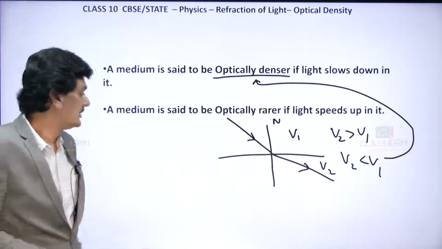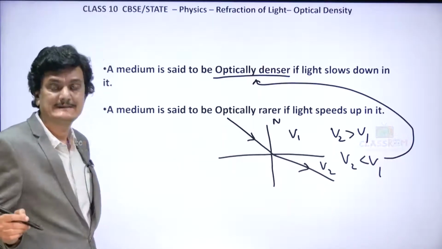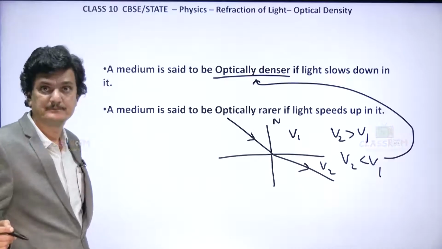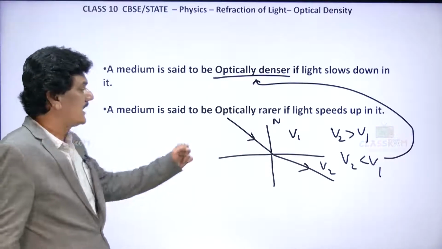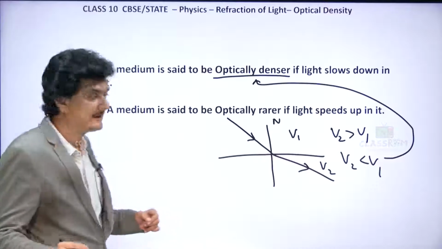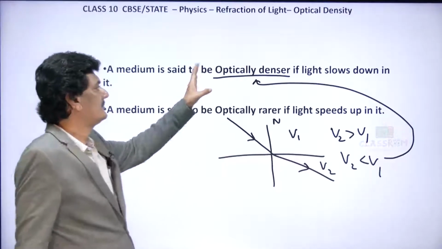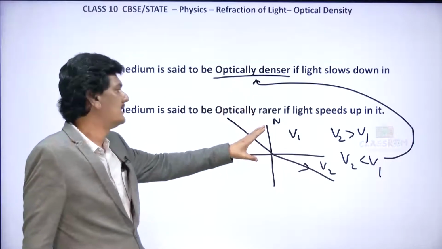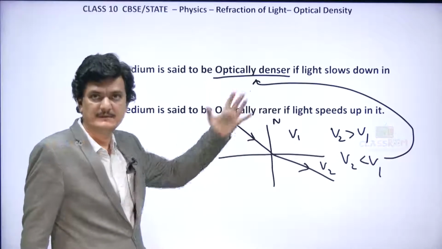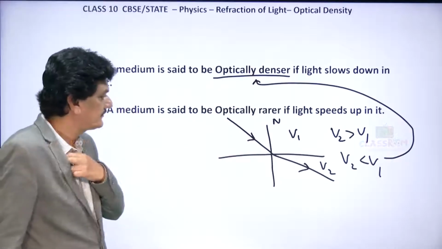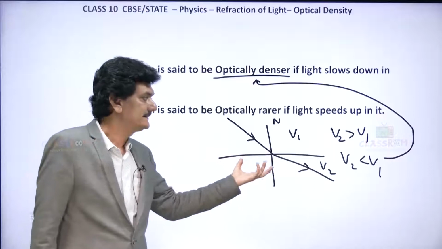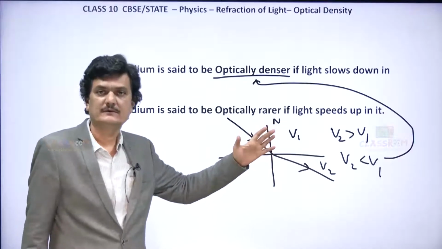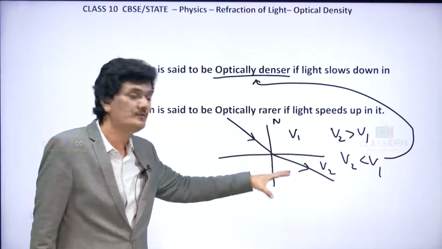So, we are talking about optical density and we are comparing it. Why are we comparing? First, understand that optically denser means light slows down, optically rarer means light speeds up. Now, we have to compare optical density with respect to these two mediums.